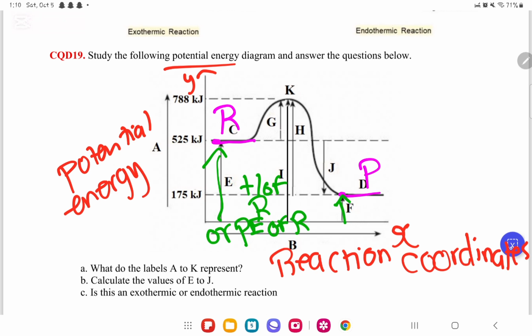After E comes F. F is the same thing but for products, so it's the heat of products or the potential energy of products. And then after F comes G.